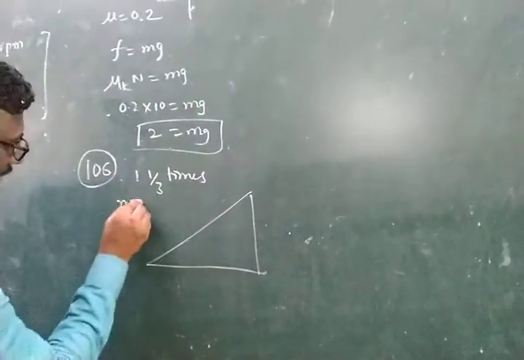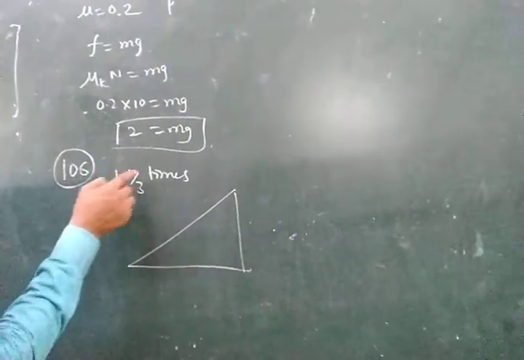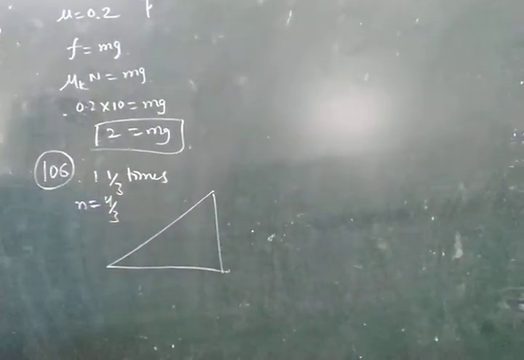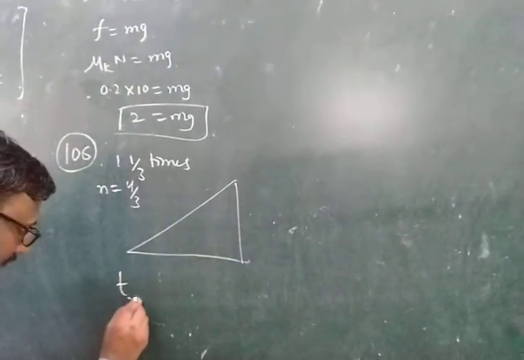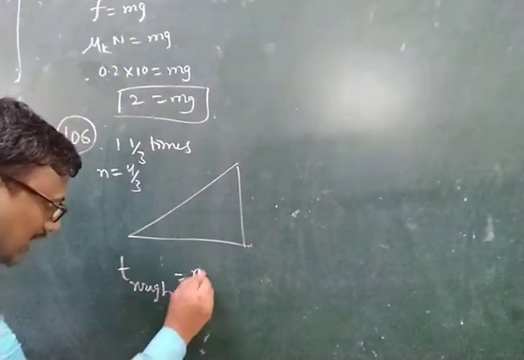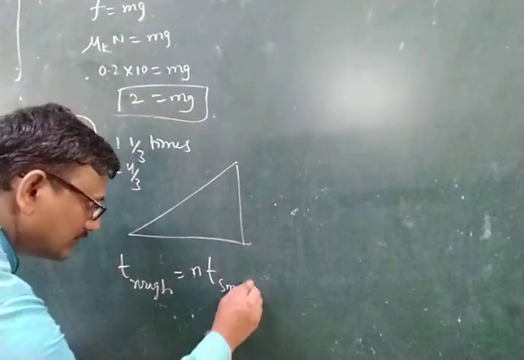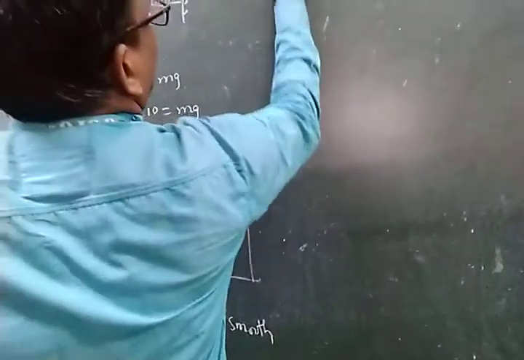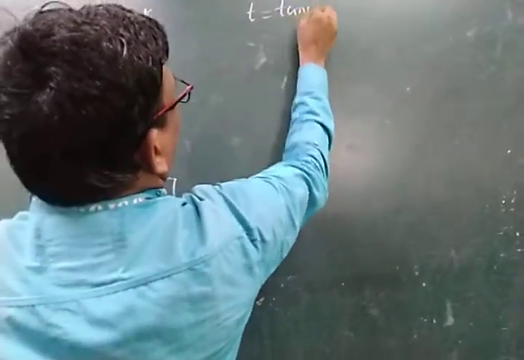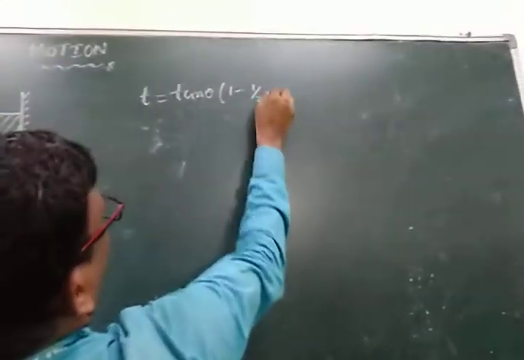The number n is equal to 3 plus 4 by 3, that is n is 4 by 3. Here we know the formula: the time in rough is equal to n times the time in smooth. Then the formula for the coefficient is mu is equal to tan theta into 1 minus 1 by n square.